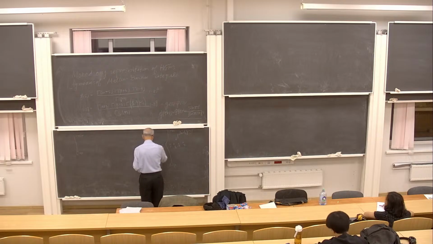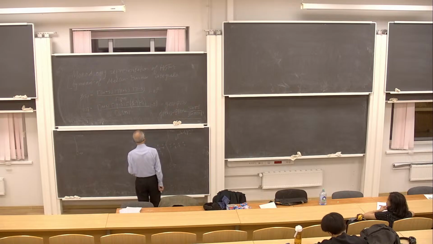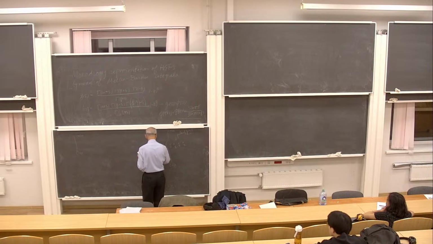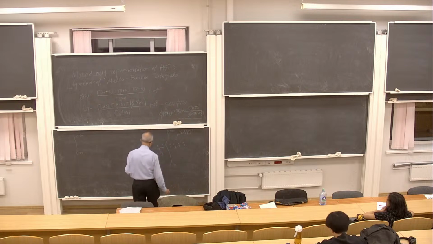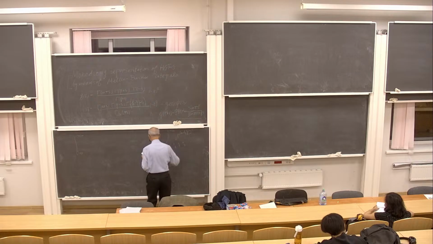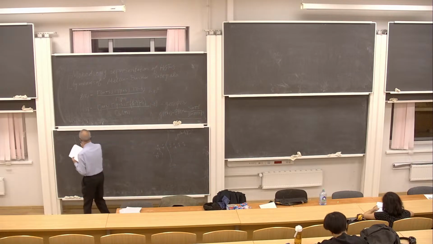Then alpha and beta we can consider as rational numbers if we are treating the period of an algebraic curve. So this is the situation, and so we have Gs.